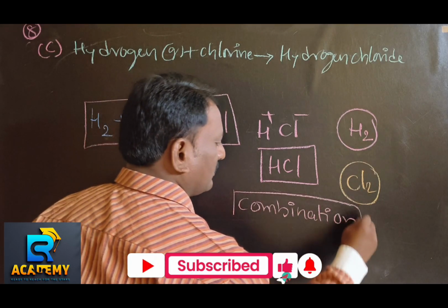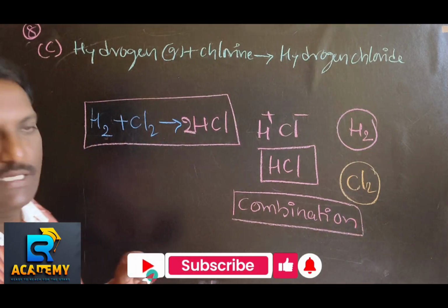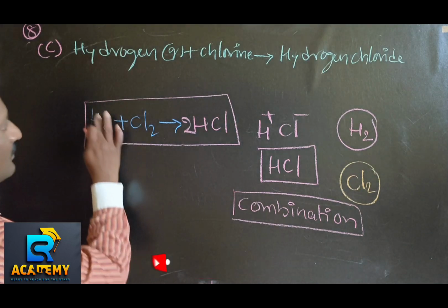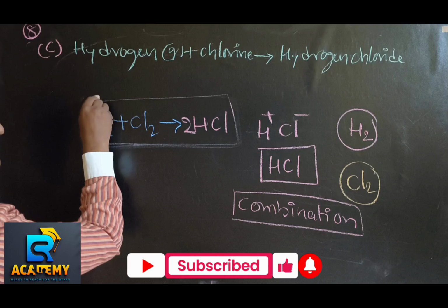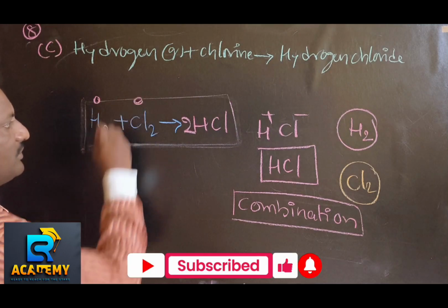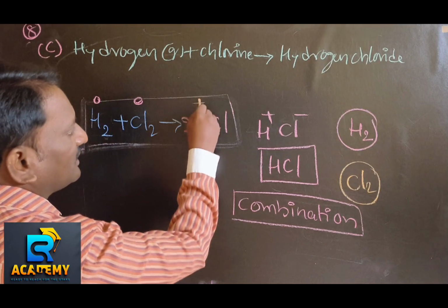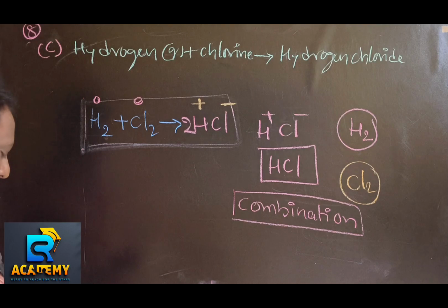Combination reaction. Not only that, it is a redox reaction as well. How is it possible? Listen to me. Here hydrogen oxidation state is 0, chlorine also 0. Here hydrogen is in the +1 state, chlorine in the -1 state.